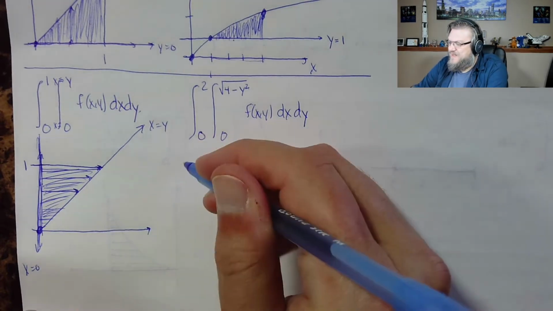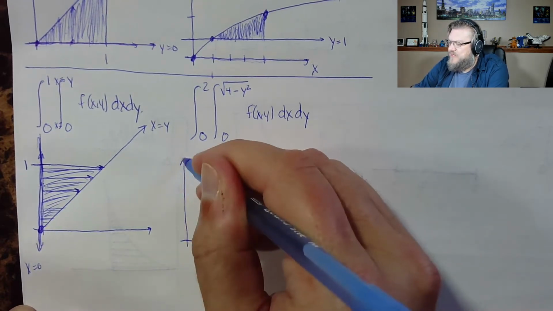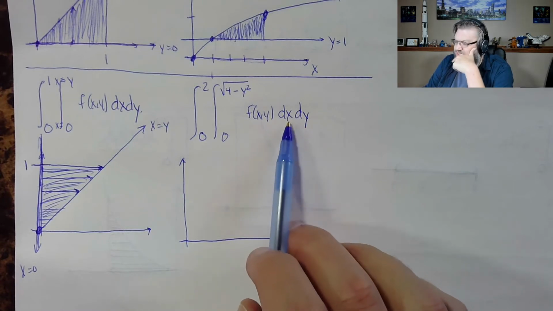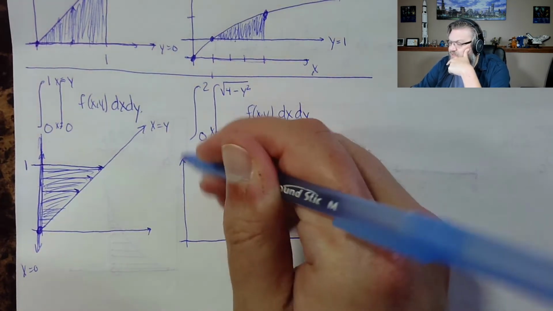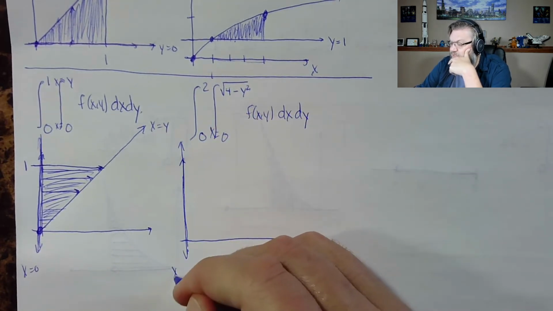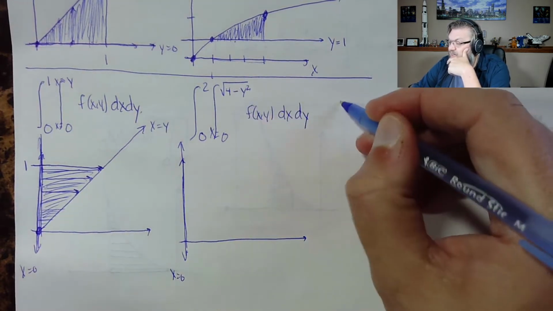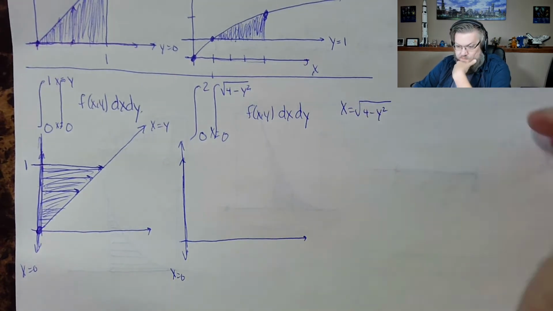Okay. So again, I want to just draw the picture here. This is starting at x equals 0, which again is this vertical line. And then it goes to the right until it hits x equals square root of 4 minus y squared.